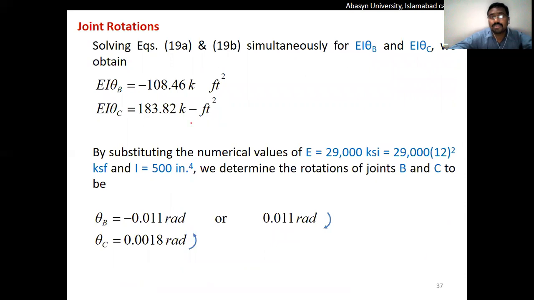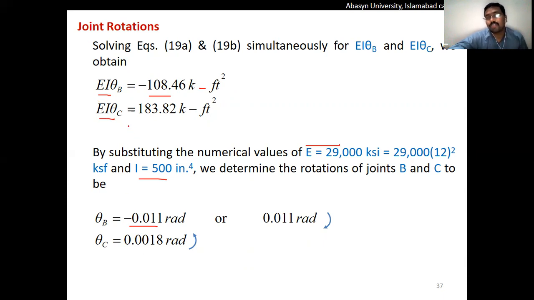Once we simplify it, we will find the value of EI theta B as minus 108.46 kip-ft, and the value of EI theta C as 183.82 kip-ft. We know that the value of E given with the data is 29,000 ksi, and the value of inertia is given as 500 inch^4. Once E and I are put in and divided into minus 108.46, we get the value of theta B as minus 0.011 radians.